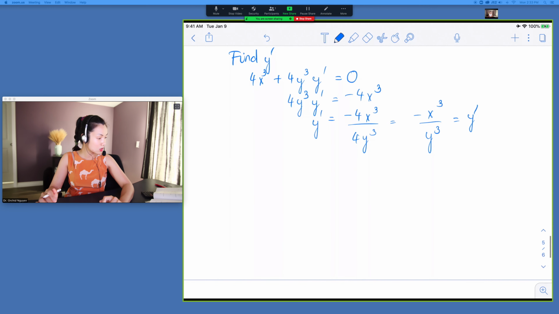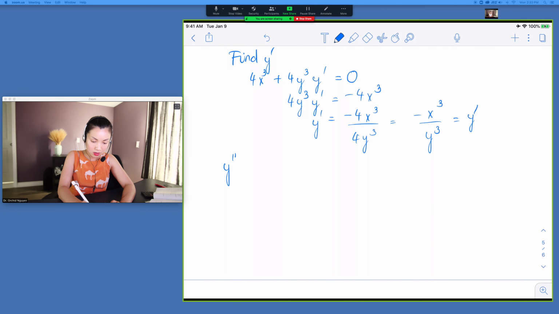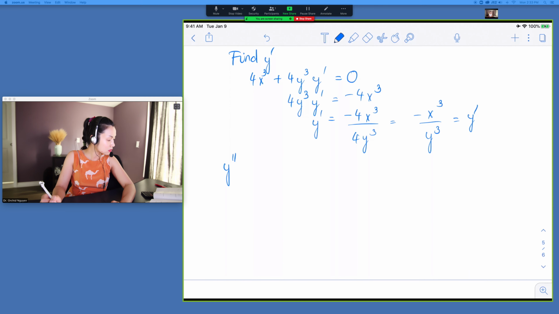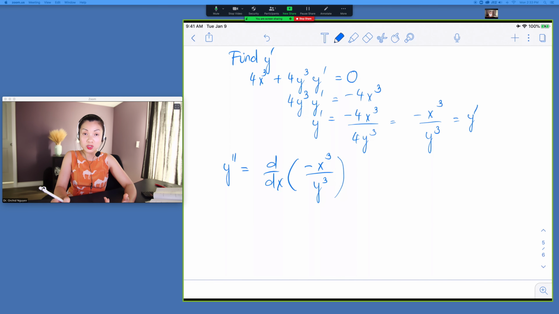So now we're going to have to find y double prime, which is the derivative of negative x cubed over y cubed. You can see that we have quotient rule here. So let's proceed.